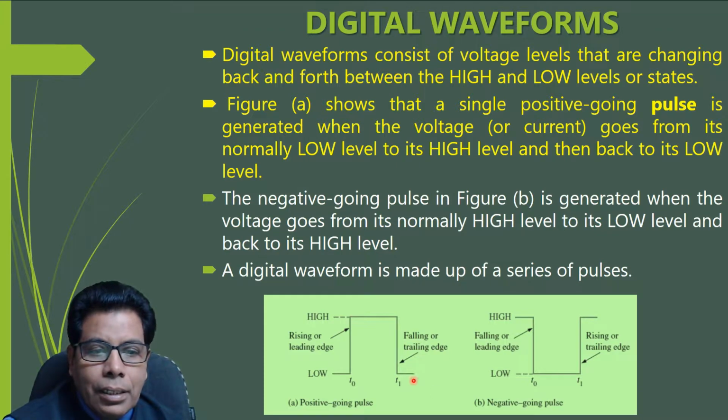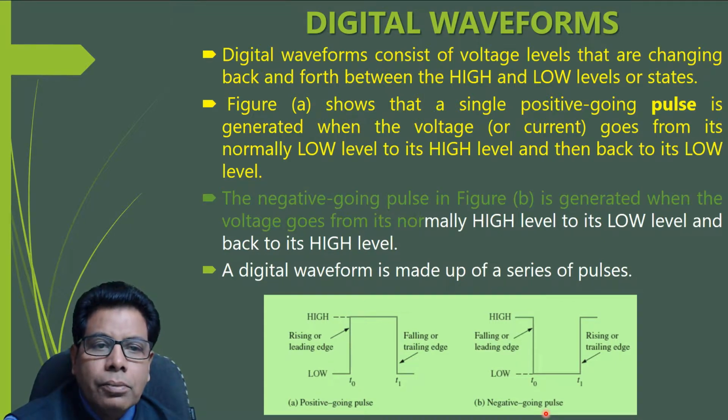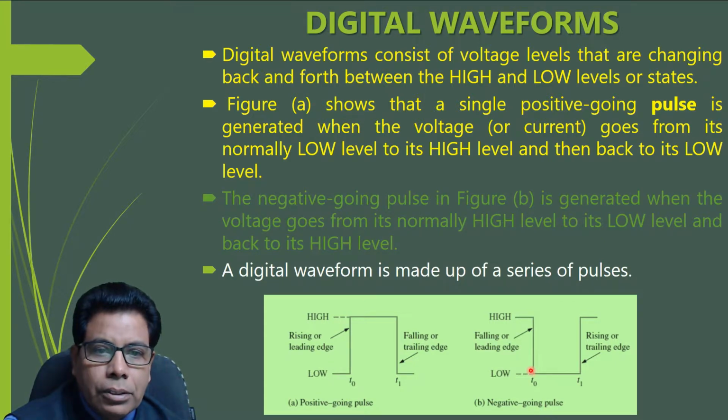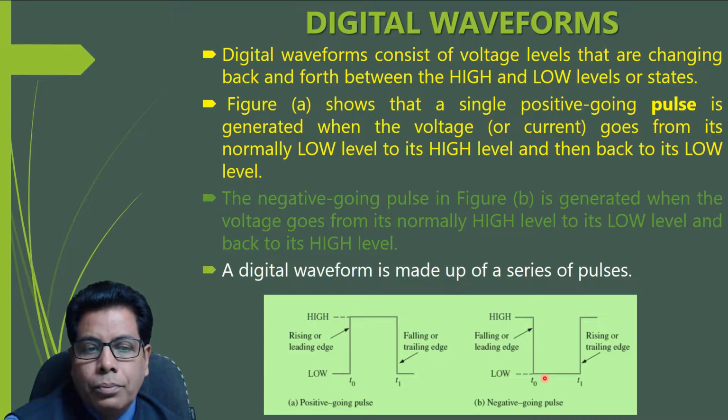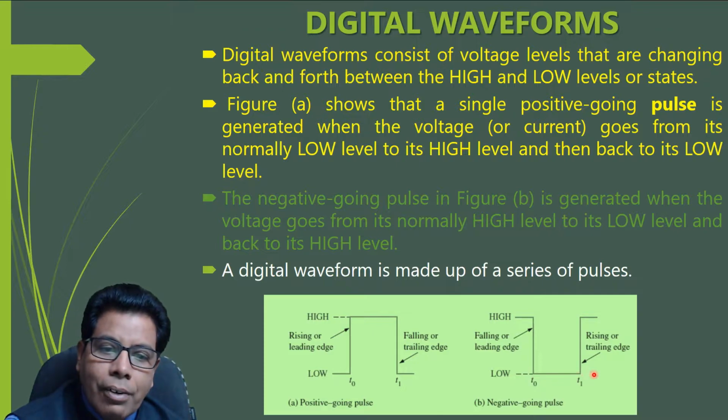Similarly, a negative-going pulse is generated when the voltage goes from normal high to low. At T0, from high it goes to low voltage and back to its high value.